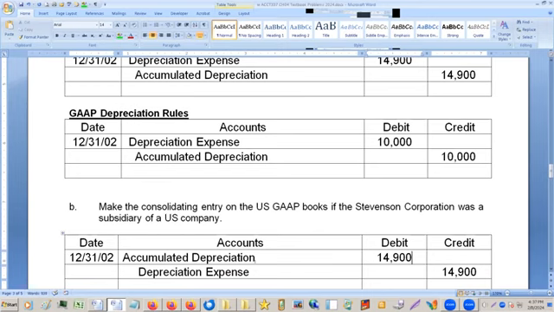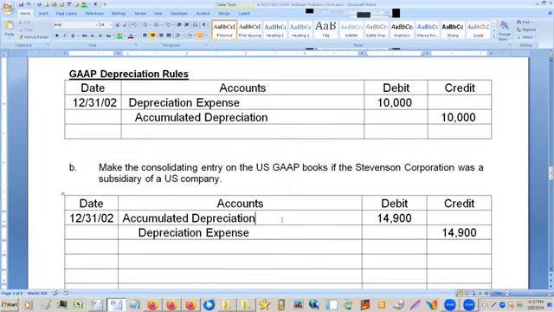So this would reverse out international standards. And you just put the U.S. one.